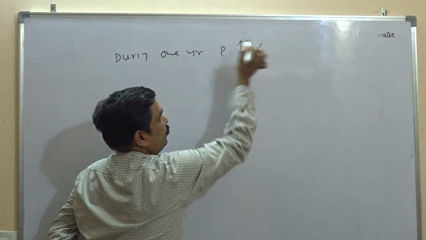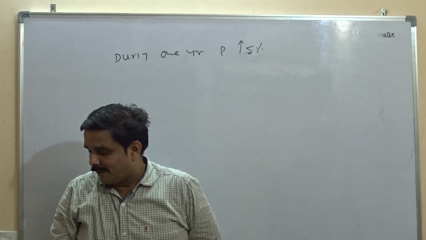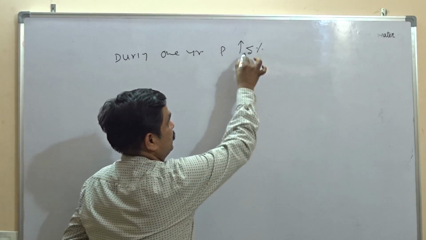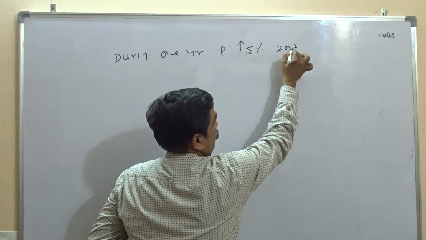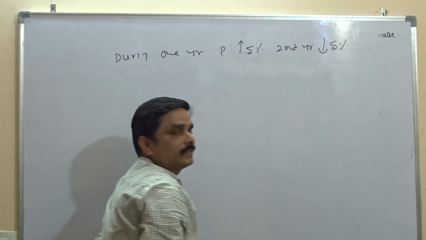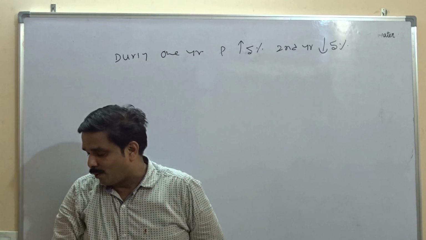Alright. Then, during the second year, it is decreased by 5%. Alright. Then they give the clue in this way.